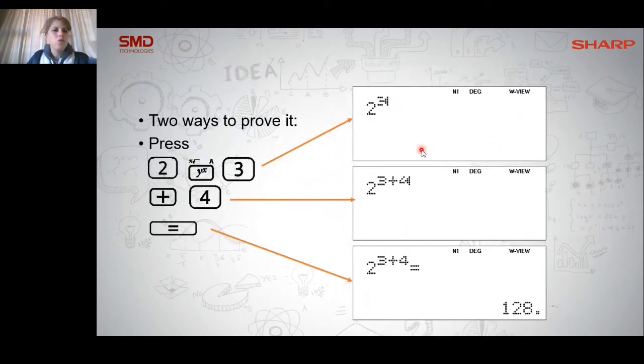And then there are 2 ways to prove this, all right? So we're doing the product rule of exponents here, okay? So we can add the 2 together. In fact, you know what? It will just be better if I do it on my calculator. So, let me just pull my calculator up.